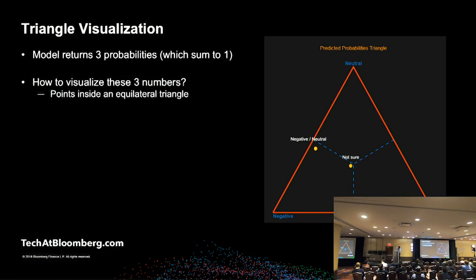For example, if you have a point which is very close to the positive vertex, what this means is the model is assigning a very high positive probability, right. And all the positive predictions of the model will fall in this region of the triangle, because any point in this region is closest to the positive vertex. That means the positive probability is dominating the negative and neutral, and therefore all these are positive predictions.